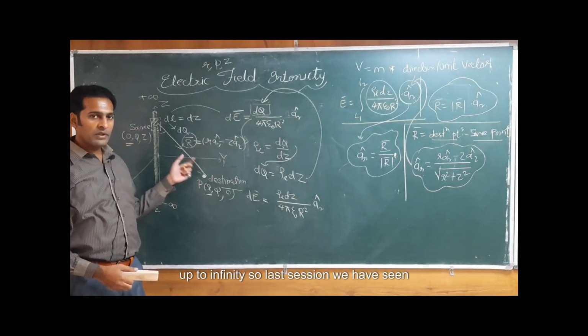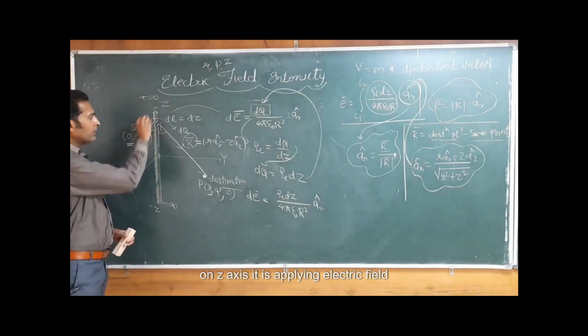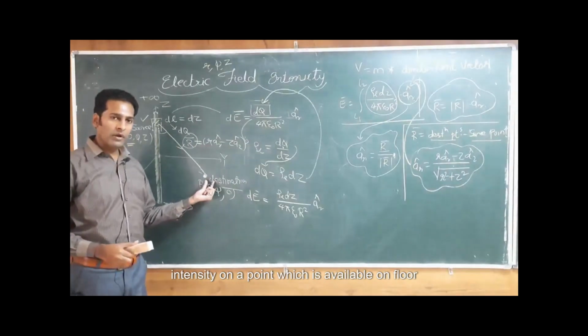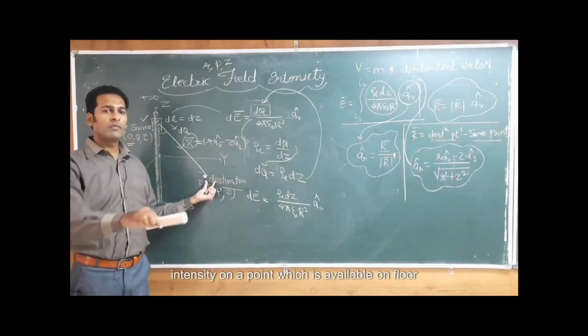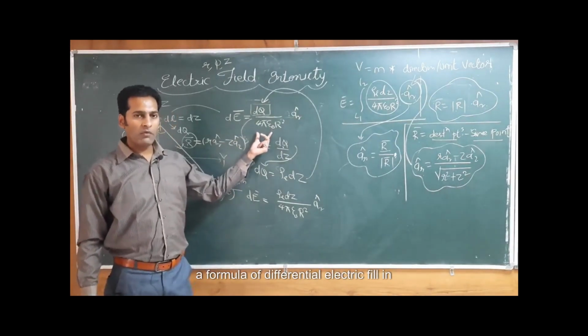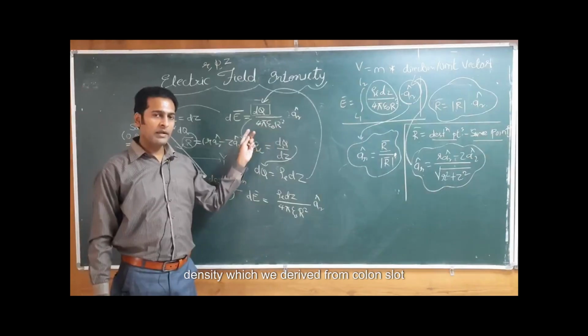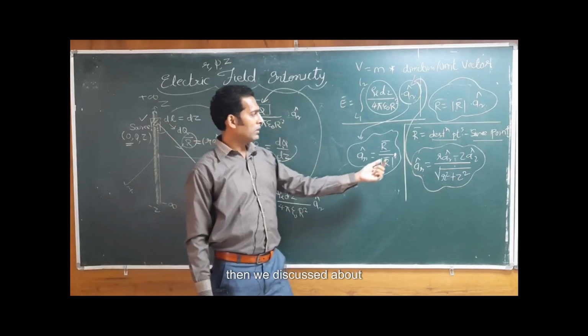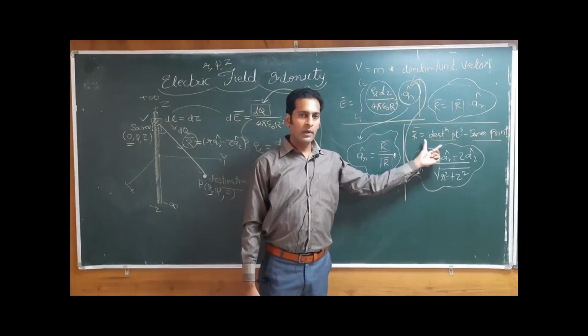So last session we have seen we have a source on the z-axis. It is applying electric field intensity on a point which is available on the floor. For that we have used the formula of differential electric field intensity which we derived from Coulomb's law. Then we discussed the distance vector r bar.